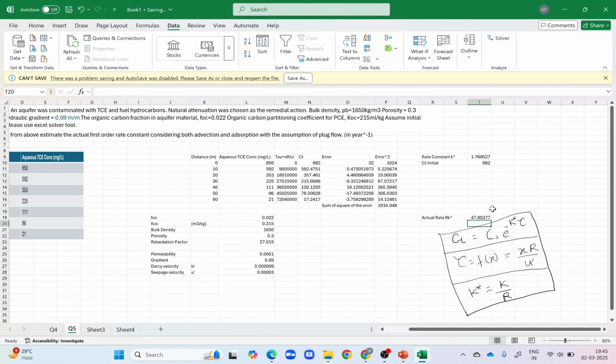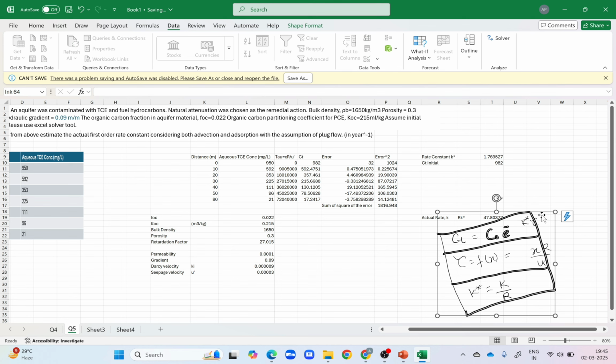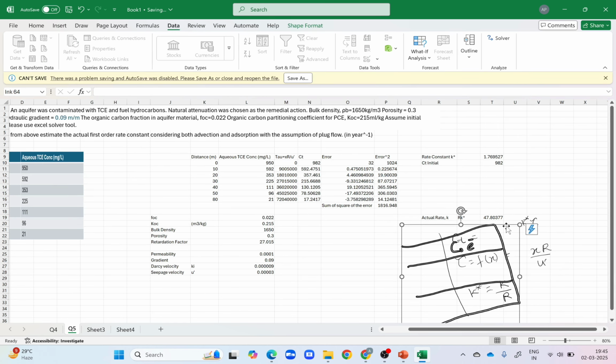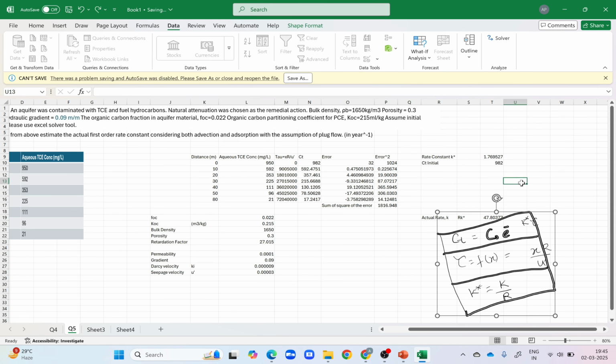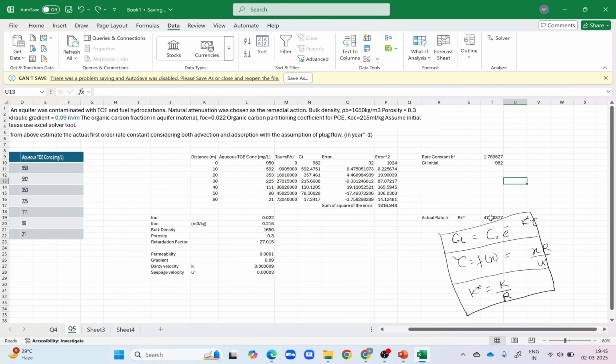So we are getting 47.80 as the actual rate constant k. This is the final answer which we are getting. So the actual rate constant is 47.80.